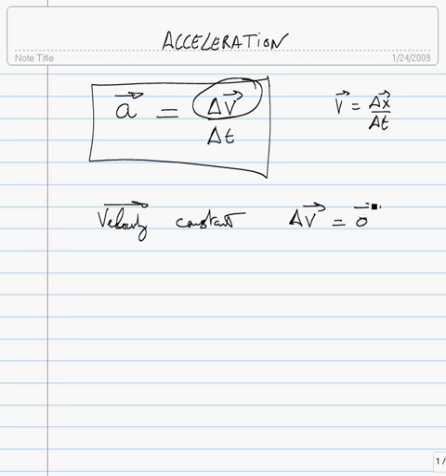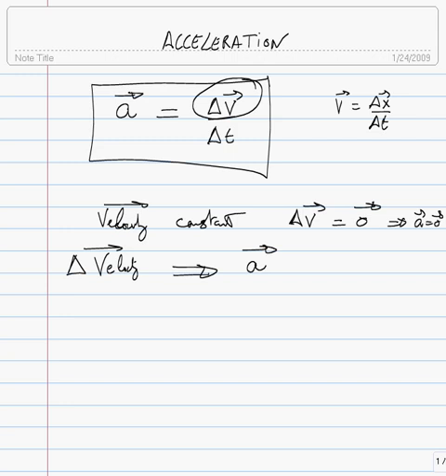If the velocity is constant, you don't change your velocity. Therefore, the change is zero. Therefore, the acceleration is zero. Every time there's going to be a change of velocity, this will imply a non-zero acceleration.